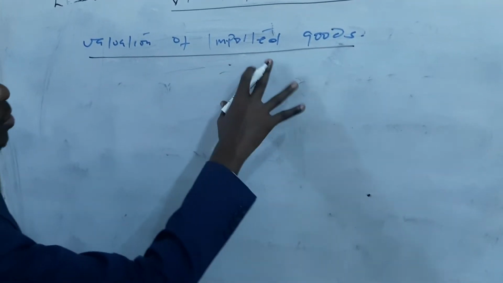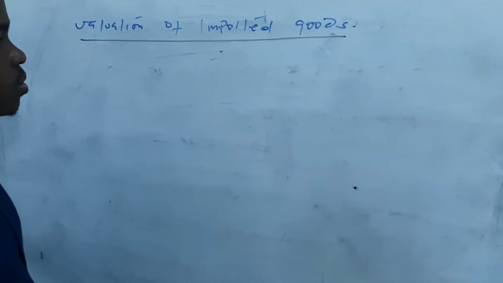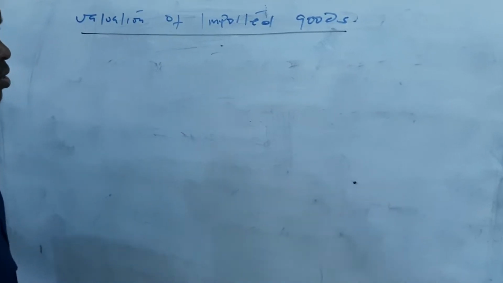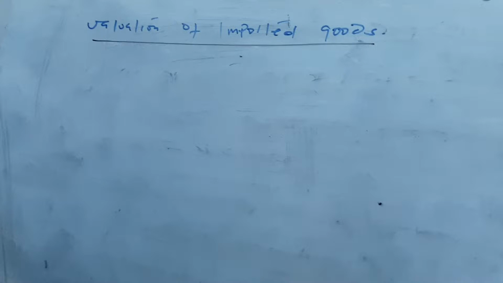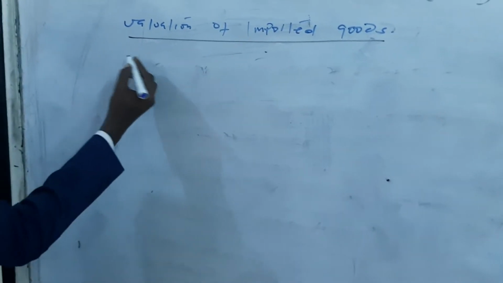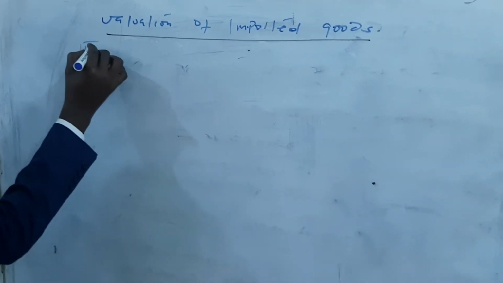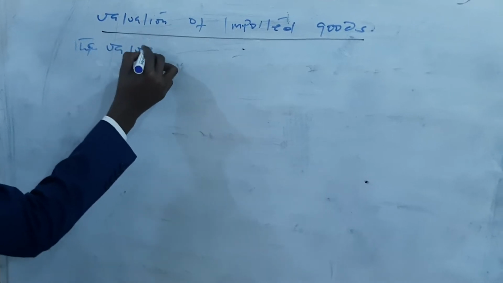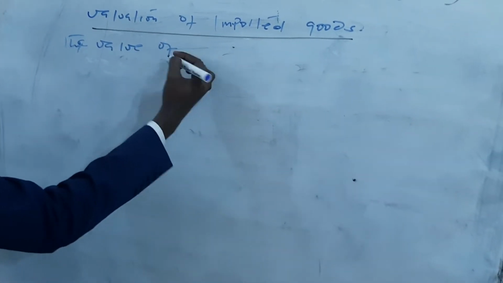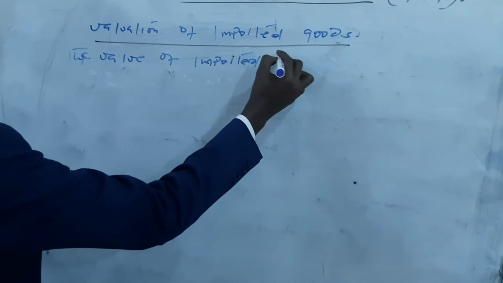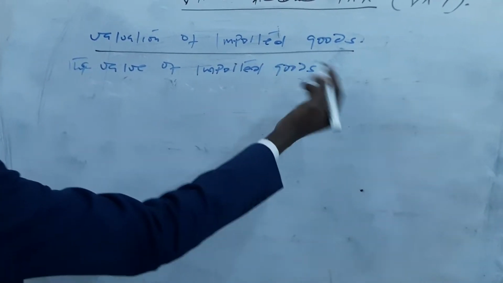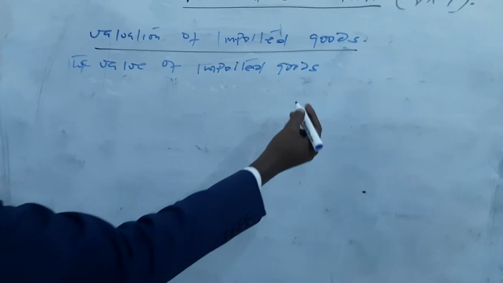Let us look at the valuation of imported goods. In other words, valuation of customs, the value of the customs duties that have to be paid. So here we can say that the value of imported goods here is the CIF.